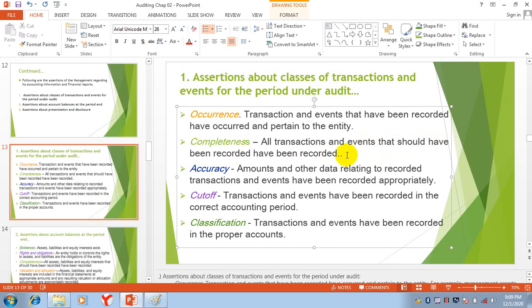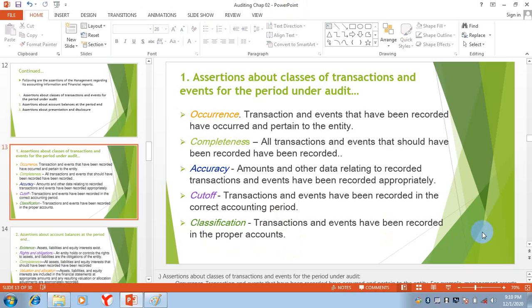We record each and everything, nothing is missing. This is another claim of the management. Accuracy: we record each and everything accurately. And cut off: the data which is recorded relates to this accounting period. And the last thing is classification: we record each and everything in the proper account.